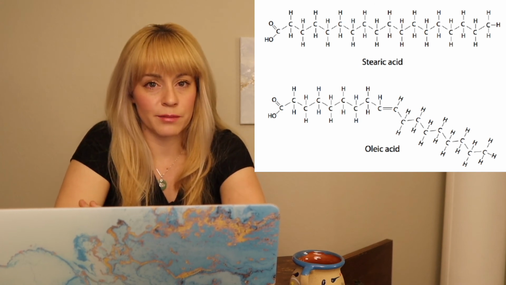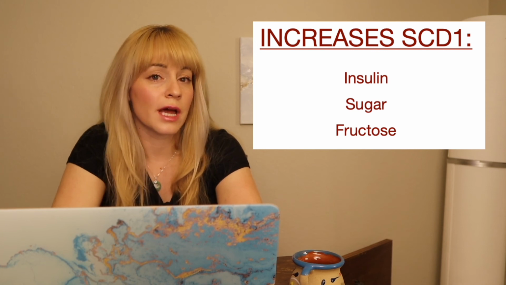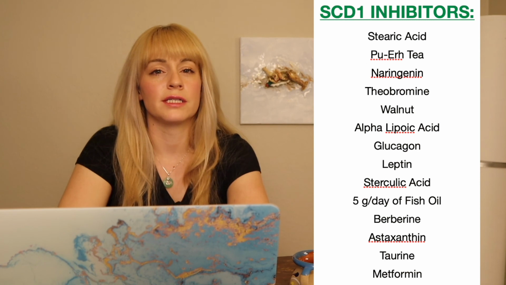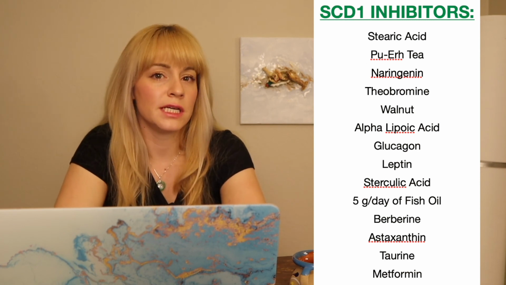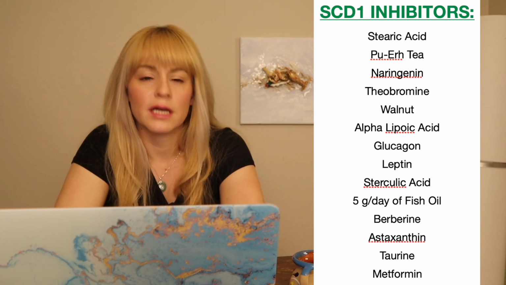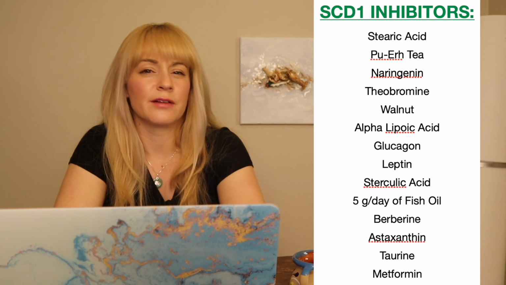So how can we apply this to diet? There are things that upregulate and downregulate SCD1. Things that increase SCD1 include insulin, sugar, and fructose, and some things known to decrease SCD1 are stearic acid, puer tea, naringin, which is like an orange extract, theobromine, which is kind of like caffeine.